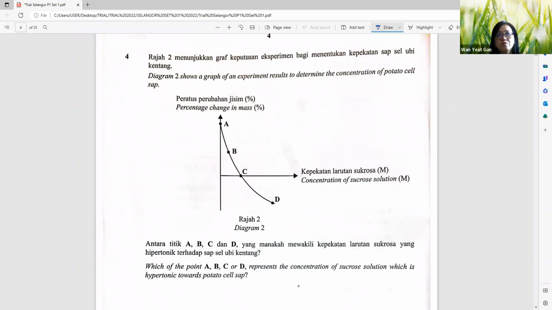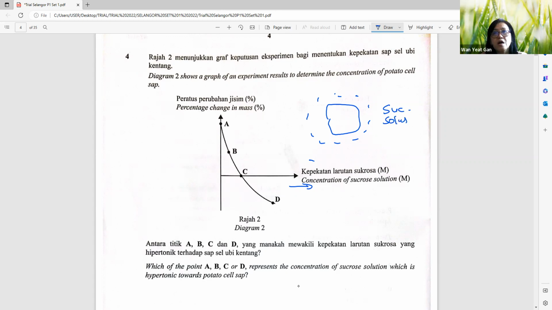Here you can see the concentration is increasing. Hypertonic means the solution outside the cell has a higher concentration of sucrose solution compared to the cell sap inside the cell. So here the answer is D.